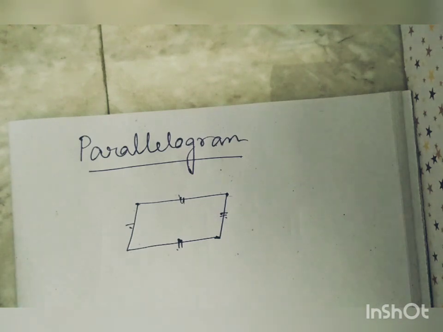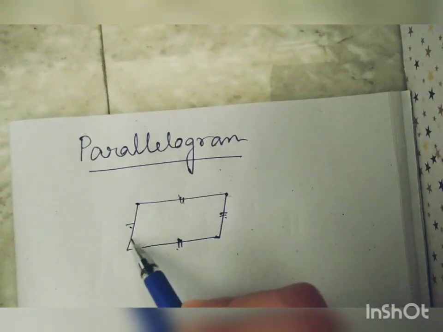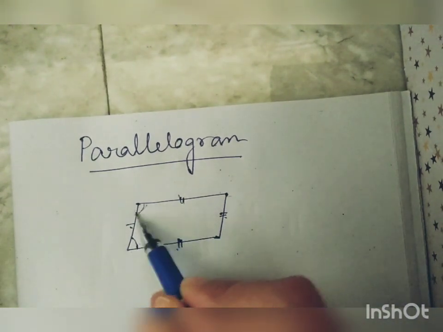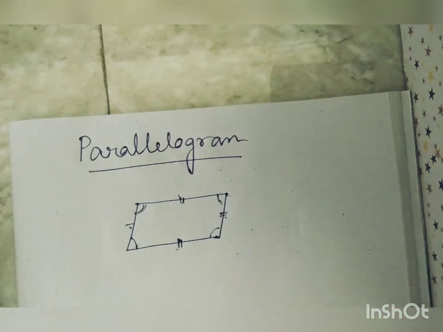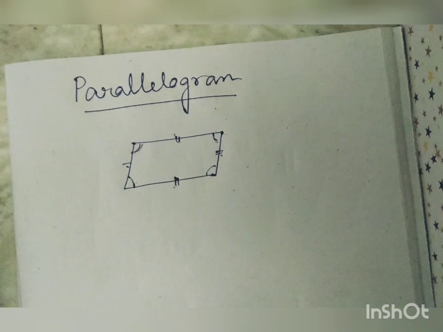You can also say they are of the same length, but there is a difference between a rectangle and a parallelogram. In a parallelogram, it is not clear that all the angles will be 90 degrees, but in a rectangle, all the angles will always be 90 degrees. So these are the five types.